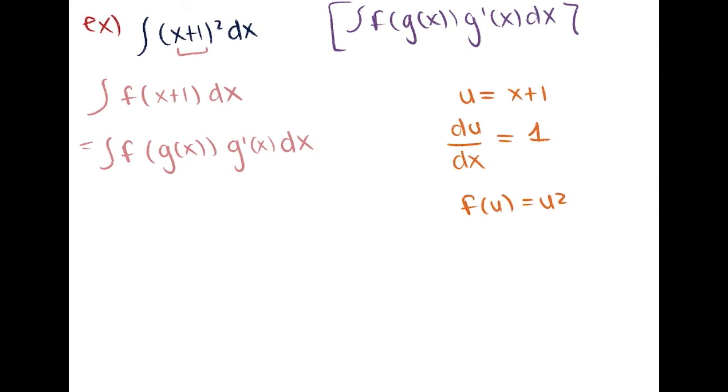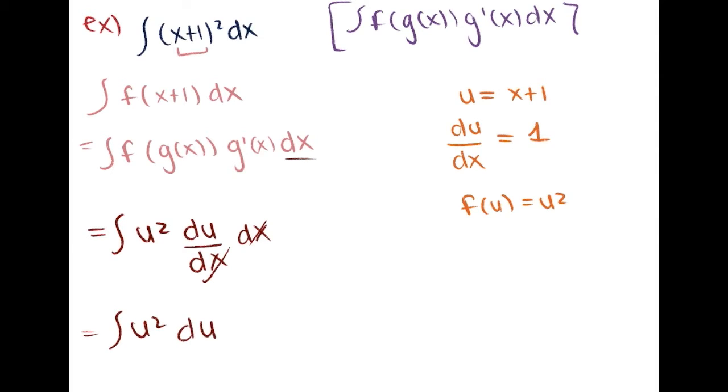Okay? So now we go back and we say we have u squared, and we're going to multiply that by du dx. And we have this dx right here. Those will cancel out, and you're left with u squared du. And we know what the integral of that is.